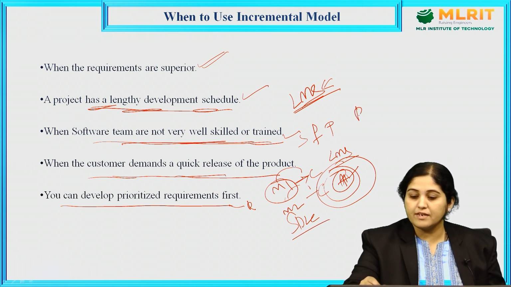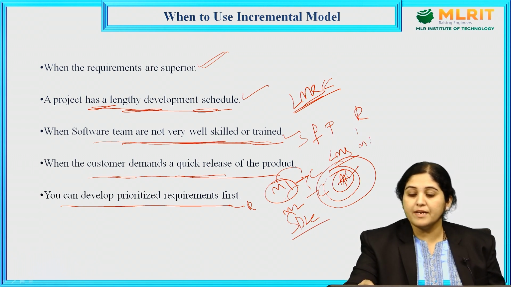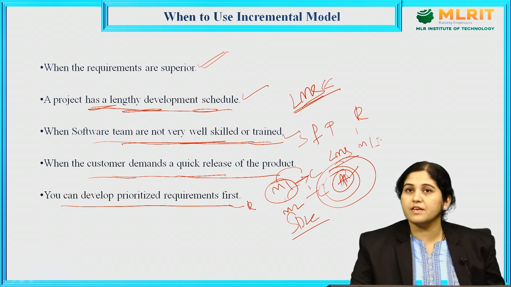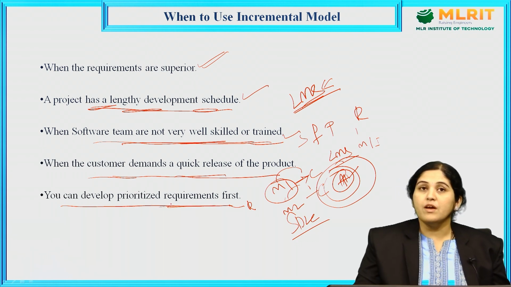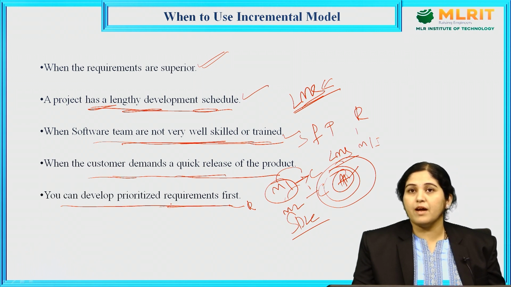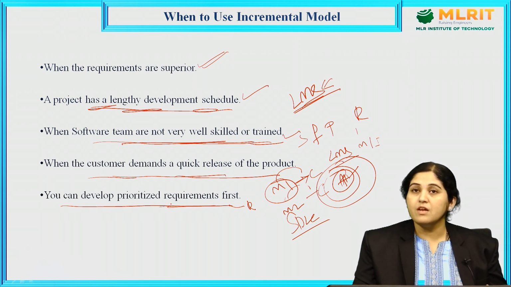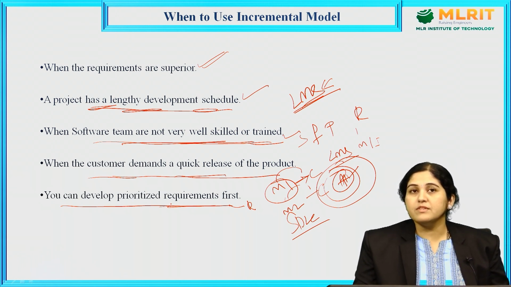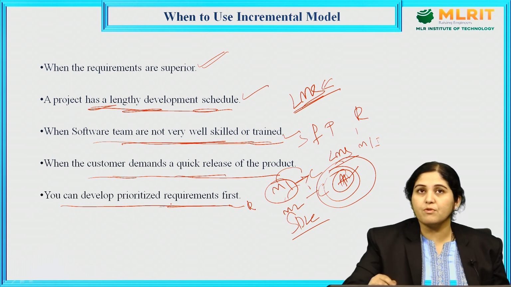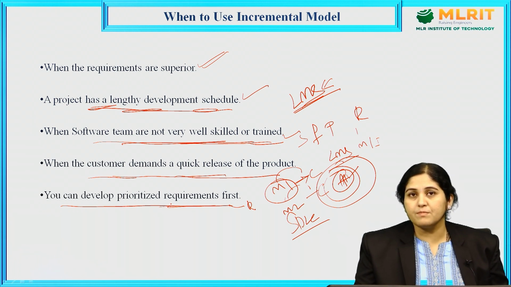Once we collect the requirements, until the maintenance and implementation stage we do not allow the customer to make any changes in the application. But here in the incremental model we accept the customer demand and their priorities, and whichever model is to be done first, we give that to the customer. So in such situations we are going to use the incremental model.